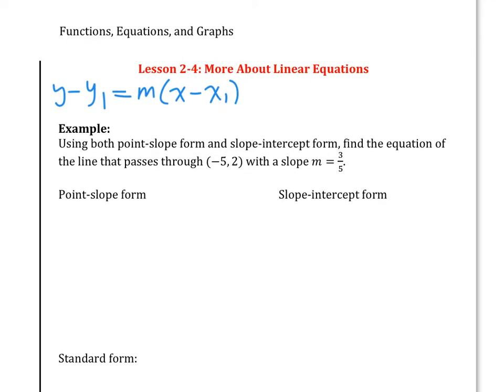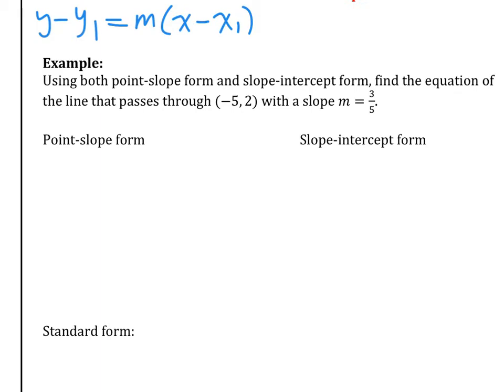We are going to use both point-slope form and slope-intercept form to find the equation of the line that passes through (-5, 2) with a slope of 3/5. All right, point-slope form. First of all, you have a point and you have a slope, which is perfect for the point-slope form. So you start with y minus y1 equals slope times x minus x1.